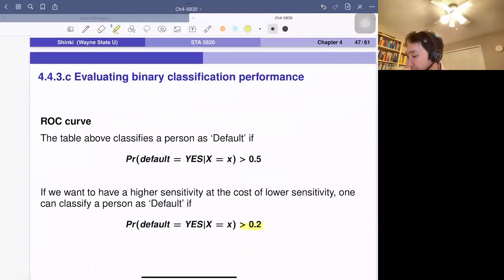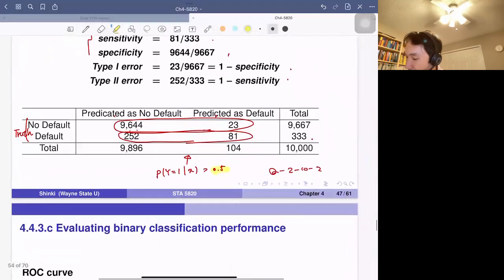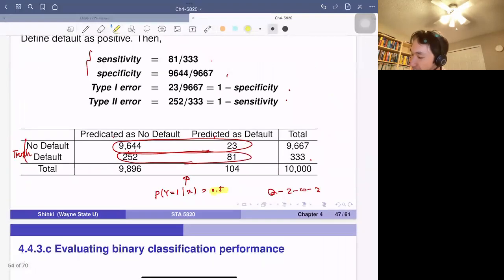So it's possible that we use a different threshold to make a model. This result is problematic because if the consumers are in default, basically the banks make a loss. So we would like to avoid it, but actually we miss many of them.